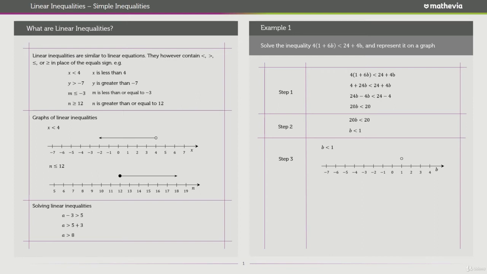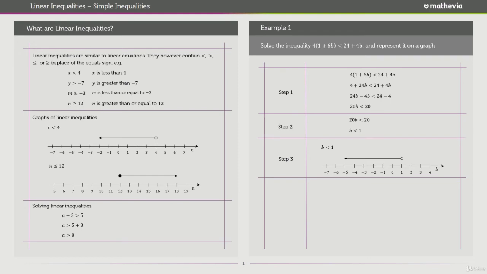Then we have an arrow pointing to the left, saying the values we're talking about are numbers less than 1, so numbers going towards the left of the number line: 0, minus 1, minus 2, minus 3, and so on.